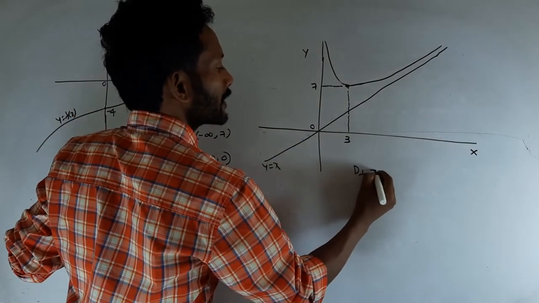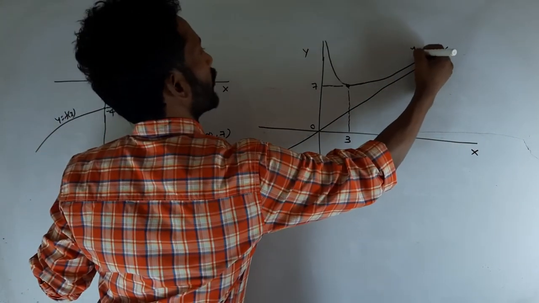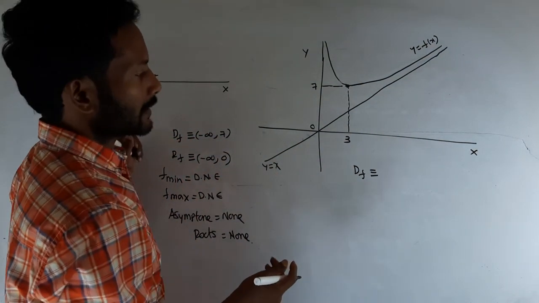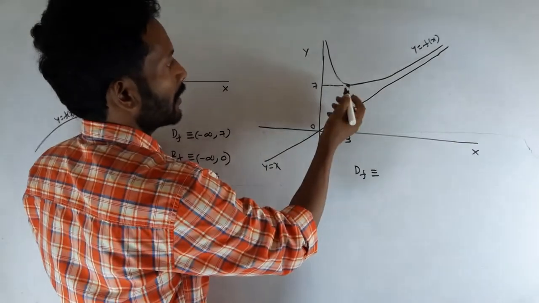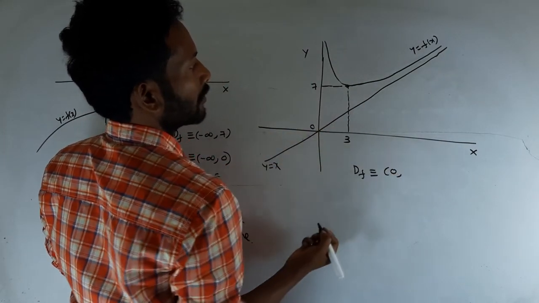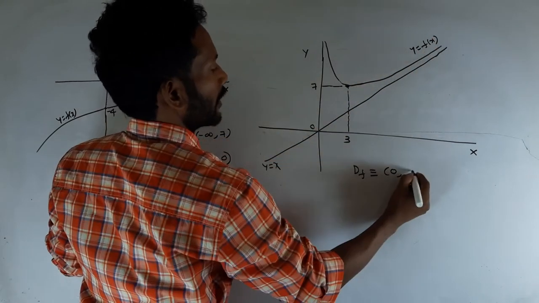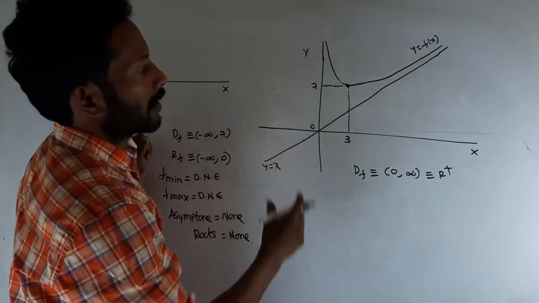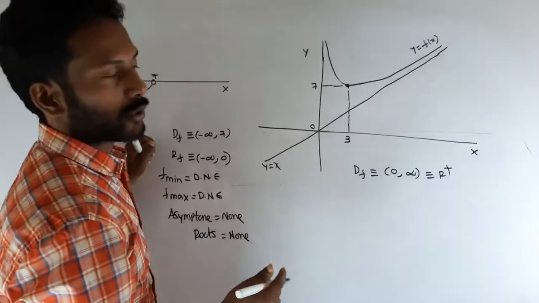So what is the domain of this function, y equal to f of x? Domain is the portion of x-axis. This graph approaches 0, so open interval 0 to infinity. 0 to infinity means R plus. Domain of this function is open interval 0 to infinity.